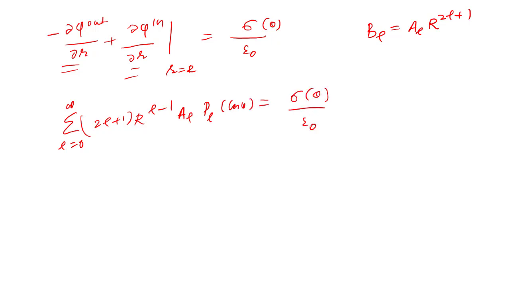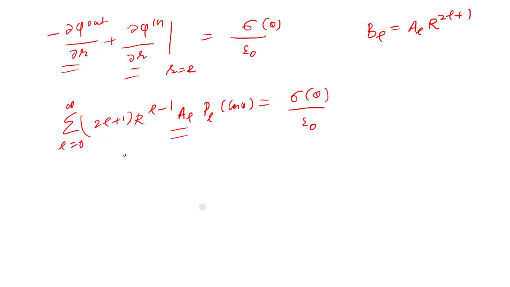So now it's quite straightforward to figure out what AL should be here, just like how we figured out AL in the previous case when we had the boundary condition on potential instead of charge. We could do the same trick. So we multiply with sine theta PL prime of cosine theta and do the integral.